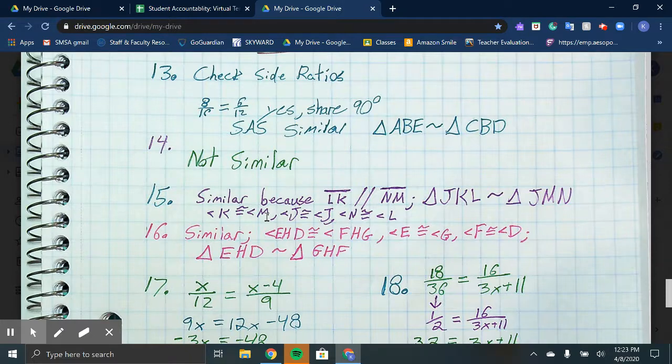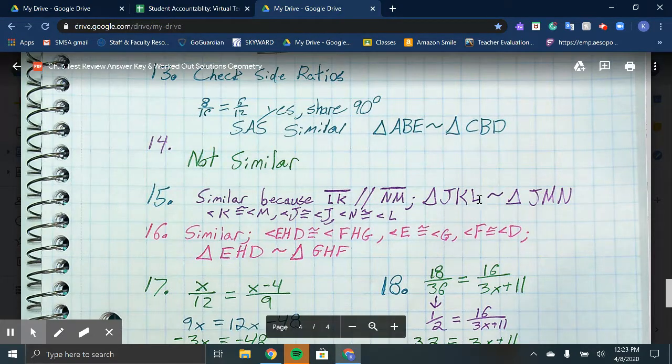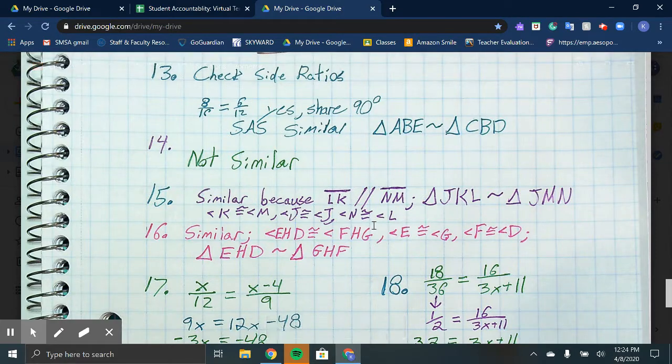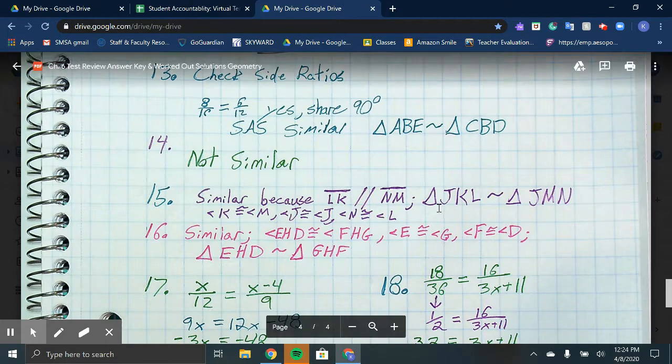I also know N and L are congruent, because they are corresponding angles. And I know J is congruent to itself. So in that case, I can say the triangles JKL and JMN are similar. In that case it would be angle, angle, angle, but we just needed to state if they're similar or not with the similarity statement right here.